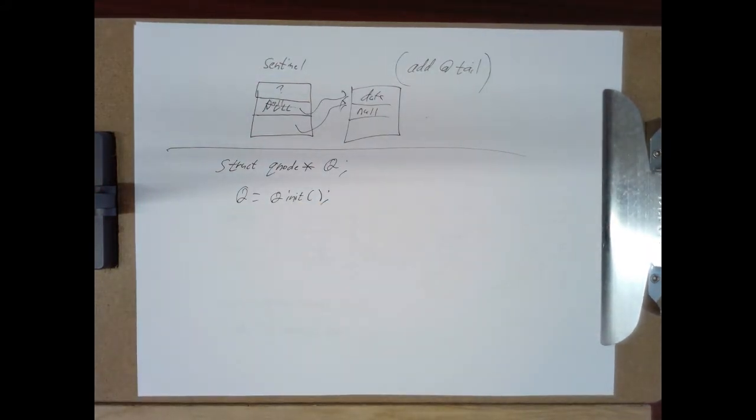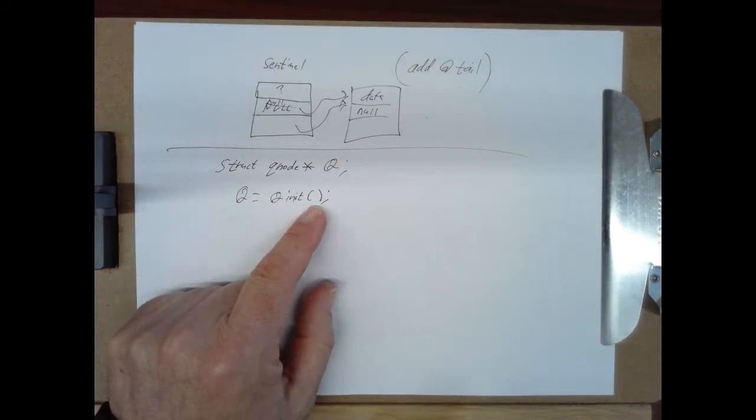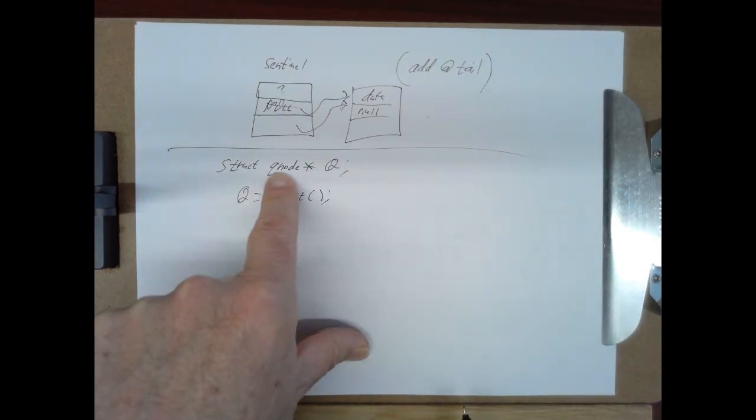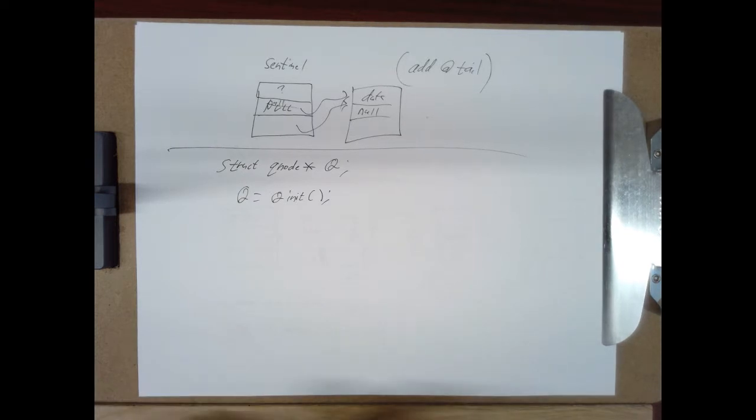Same drill as PA2. Queue init does a malloc for a sentinel node, sets up the fields however they need to be set up, and returns its address. So now queue is pointing to a struct queue node, which is a sentinel node.